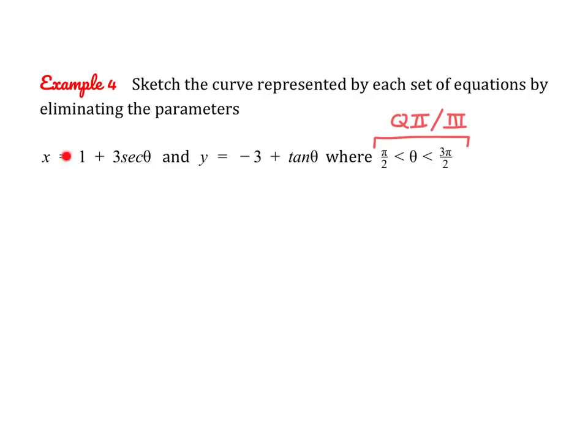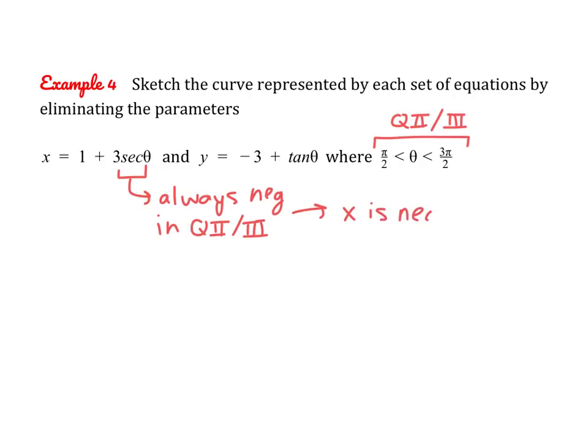But if I look at this value, I know that secant is the reciprocal function of cosine. And I know that cosine is always negative in both quadrant 2 and quadrant 3, which means that secant is always negative in quadrant 2 and quadrant 3, which implies that our x value is going to be negative.